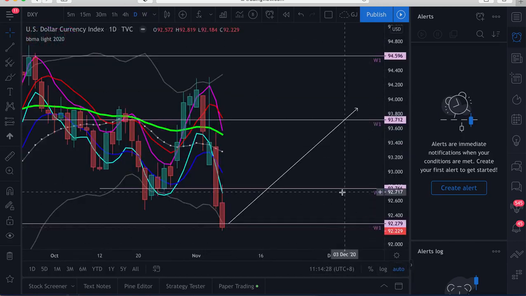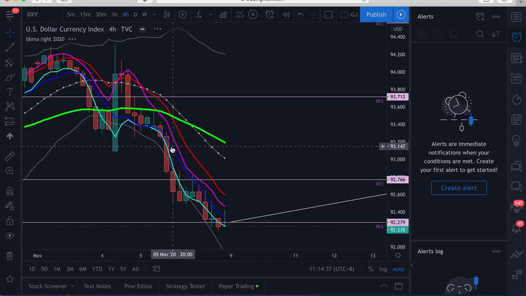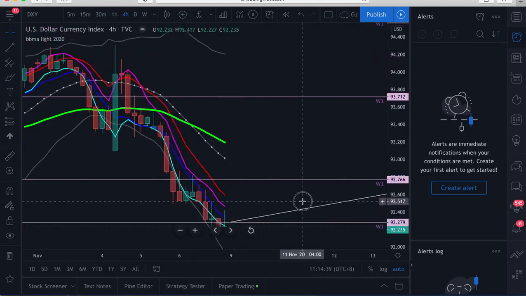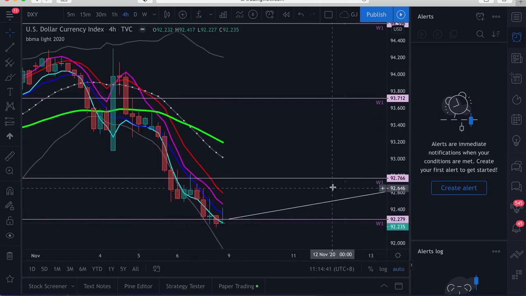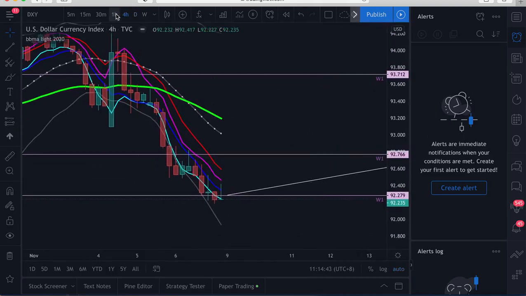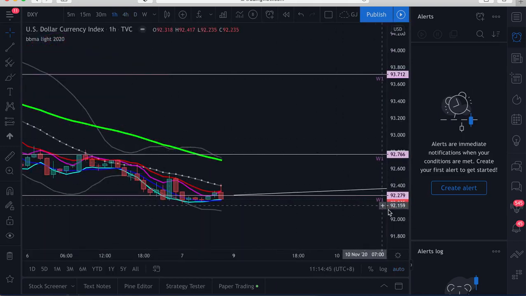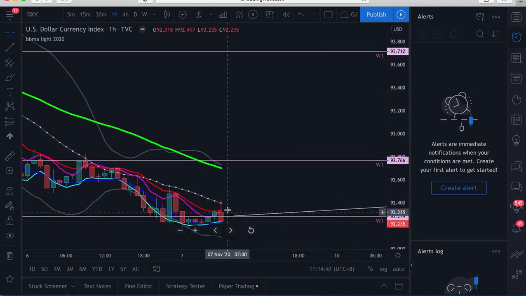On daily, we can see it's a CSM sell. There's still a long way to go up. On H4, however, we can see that it starts to close inside the Bollinger Band. This is a MHV buy setup for us, and on H1, it's also still a MHV buy setup.